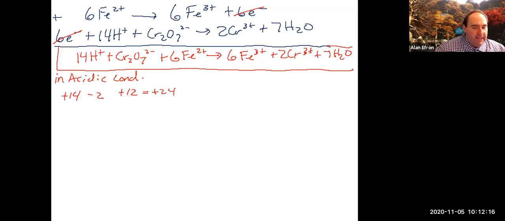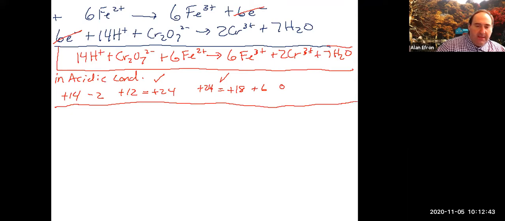On the right-hand side, we got 6 times 3 is plus 18. We have 2 times 3 plus is plus 6. And we have 0 for the water. So plus 18 and plus 6 gives us a plus 24 on the right-hand side. So this would represent, again, the balanced redox reaction in acidic solutions. Any questions up to that point?